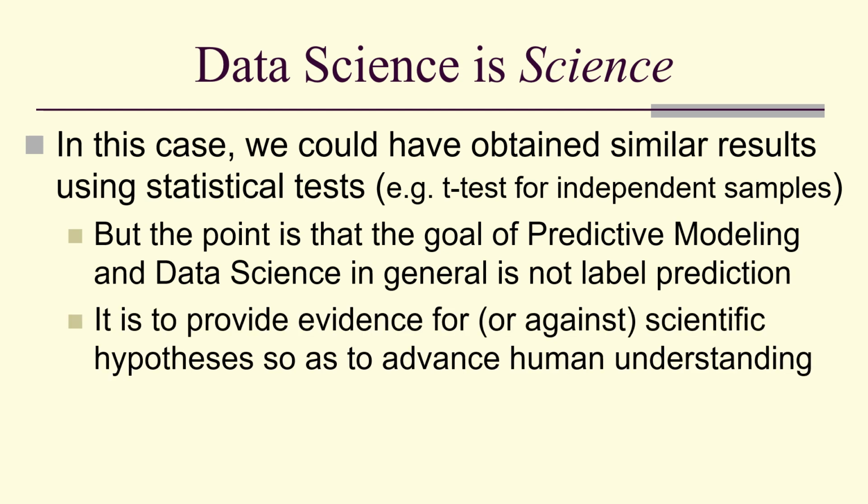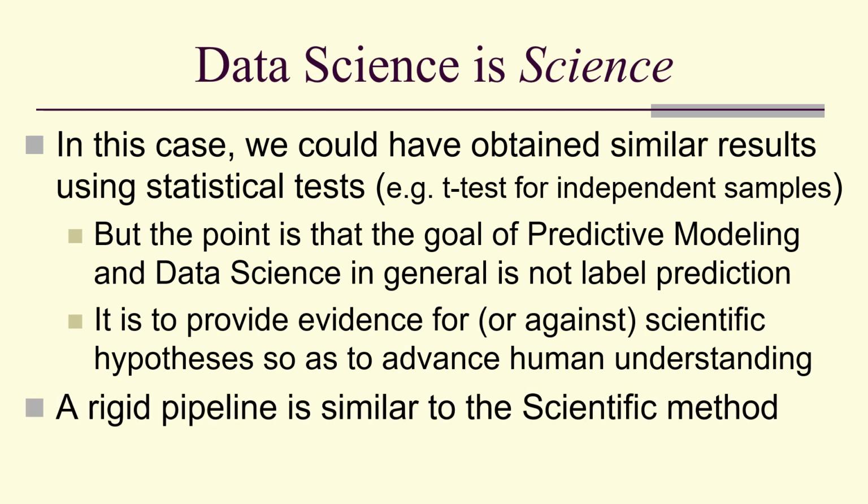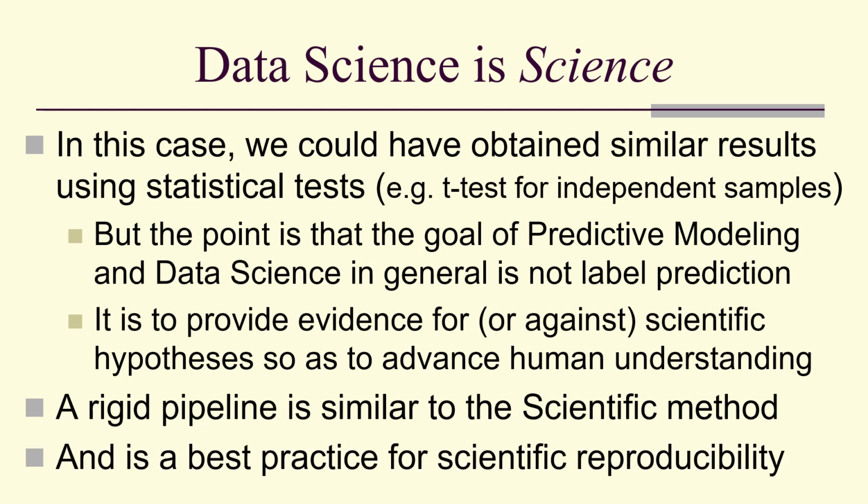It is to provide evidence for or against scientific hypotheses so as to advance human understanding. A rigid pipeline is similar to the scientific method and is a best practice for scientific reproducibility, as data science is part of science.